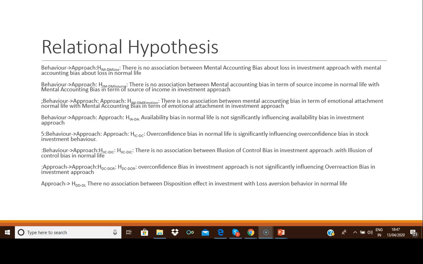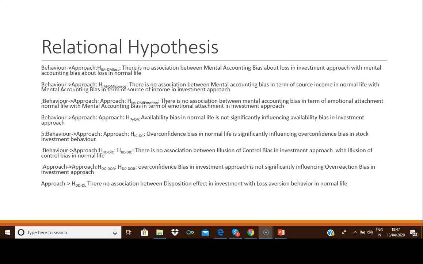So the null hypothesis should be written on the basis of there is no significant influence of one independent variable on the other, or on the basis of there is no association between the two variables, and on the basis of the test we want to prove or disprove this null hypothesis, to say that no, there is a significant influence of the independent variable on the dependent variable, or there is a strong association between the variables.